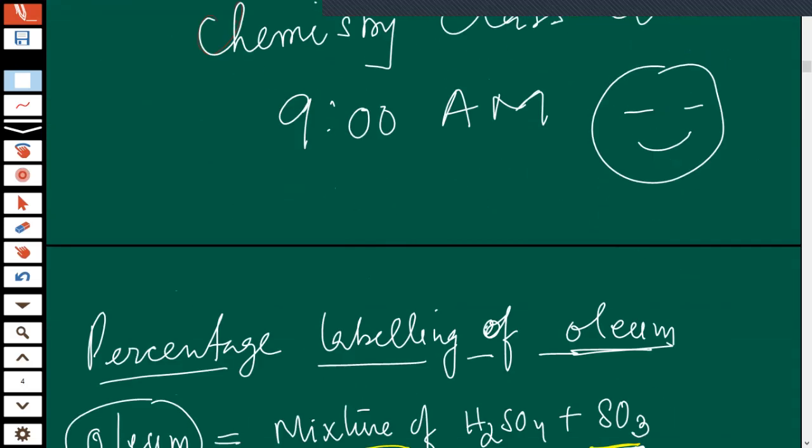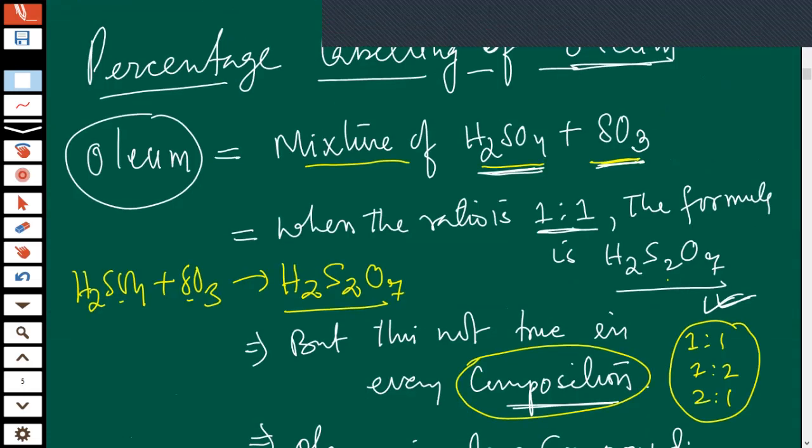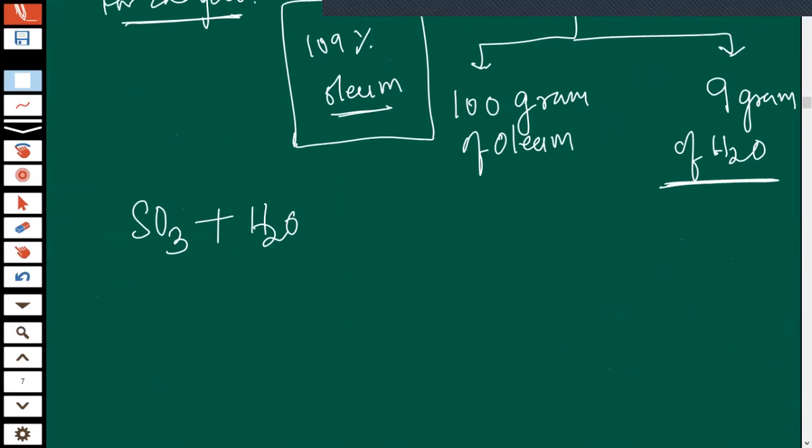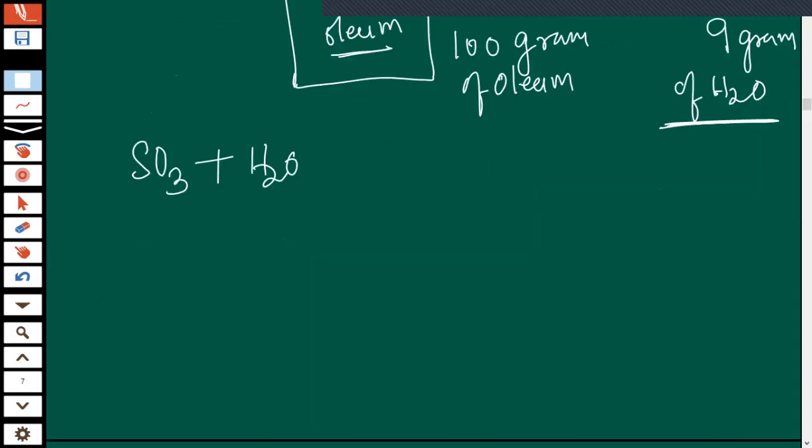Because oleum is a mixture of sulfuric acid and sulfur trioxide. So you know the reaction: SO3 plus H2O gives you H2SO4. This reaction is very, very important. You should know the reaction.